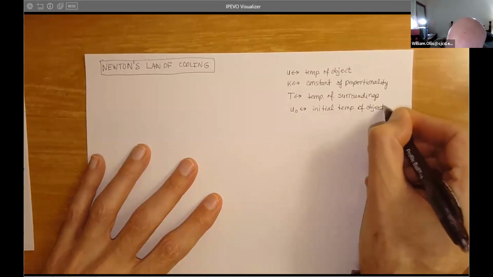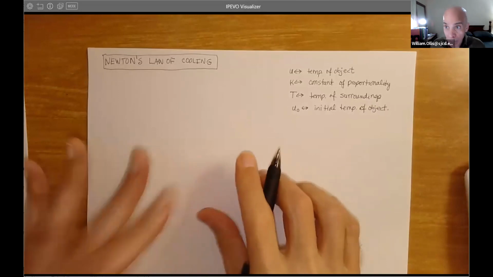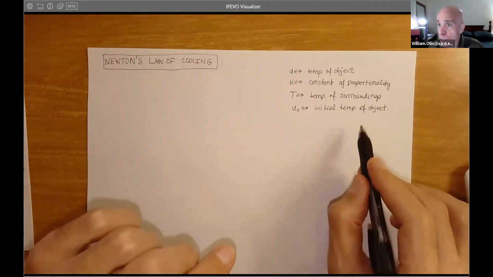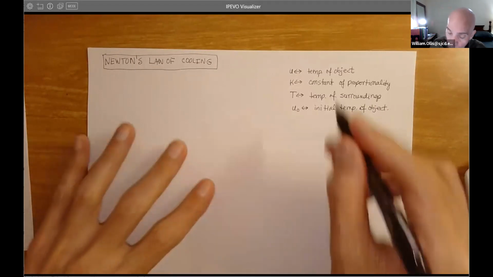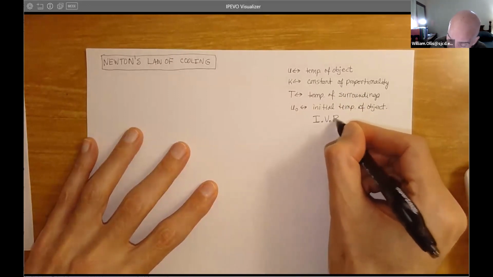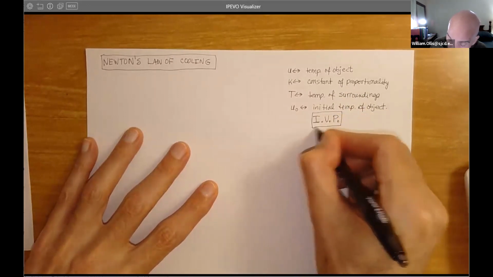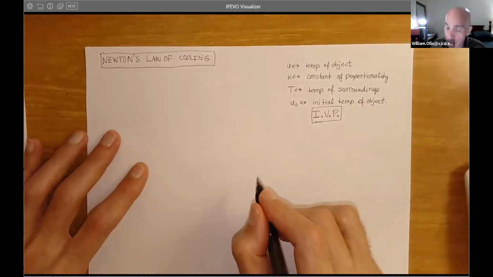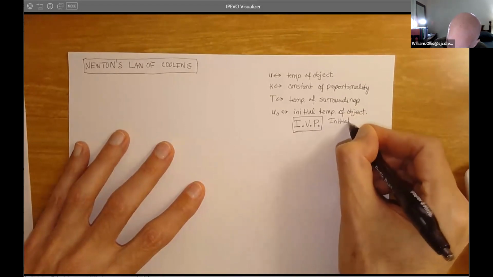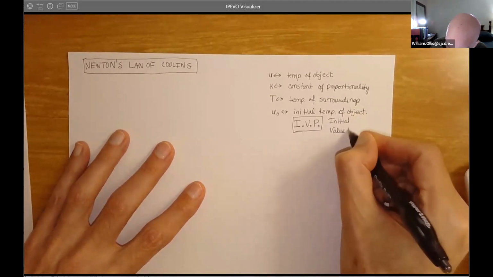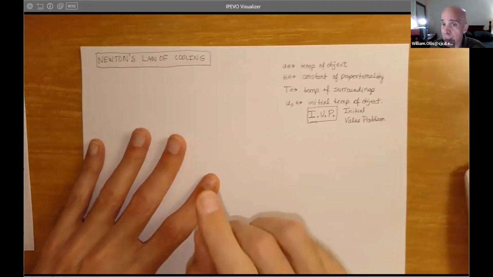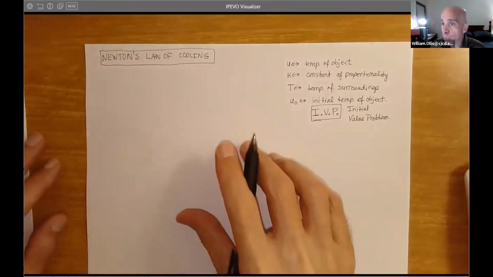So again, even though I didn't say this before, when we have a differential equation with an initial set of conditions, that's sometimes called an IVP, initial value problem. So you'll see that used later on in your mathematics work, IVP, initial value problem.